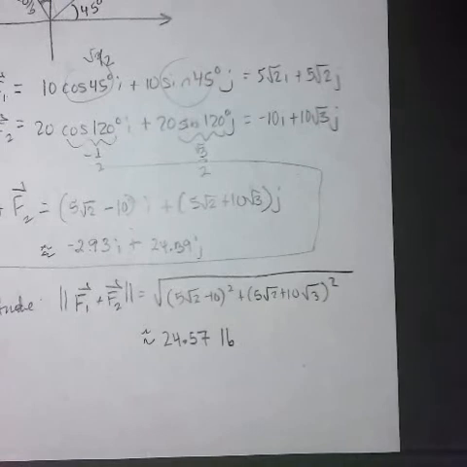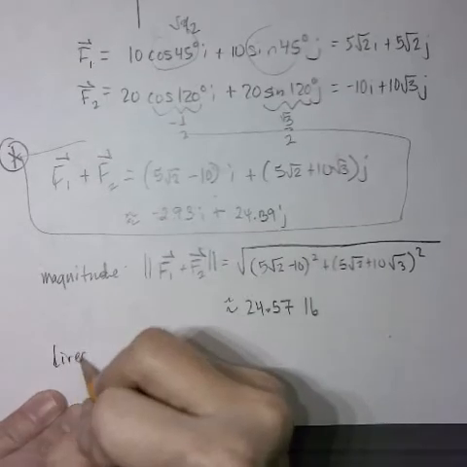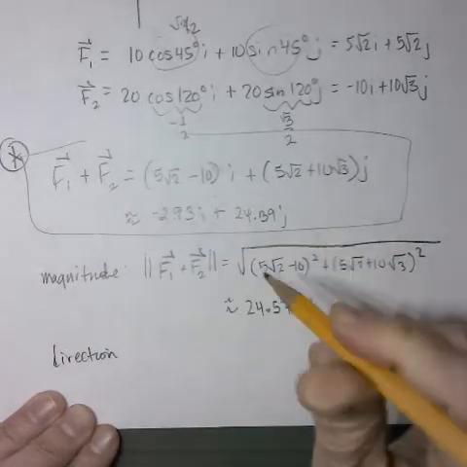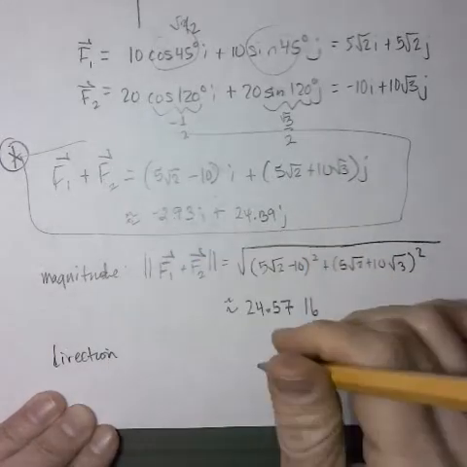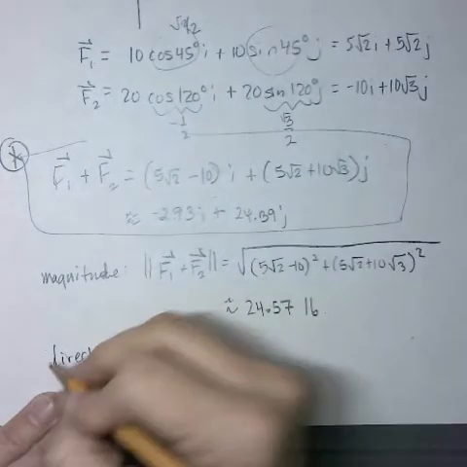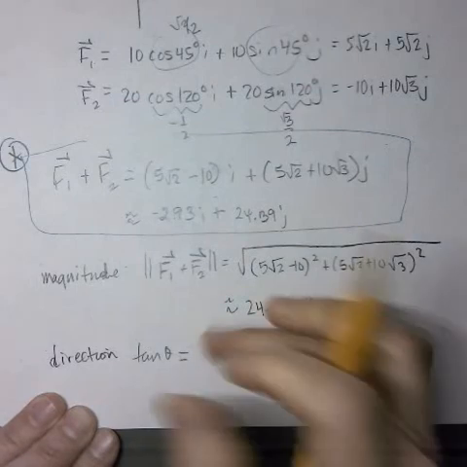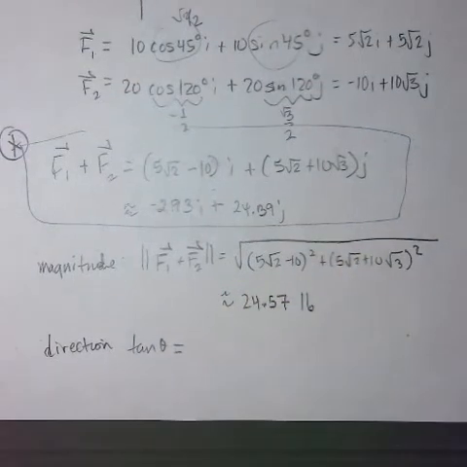Then direction. So again, we can use tangent. You can use any of the functions, but I like to just use tangent. So the tangent of theta, just make sure if you do this, you're using the right numbers.